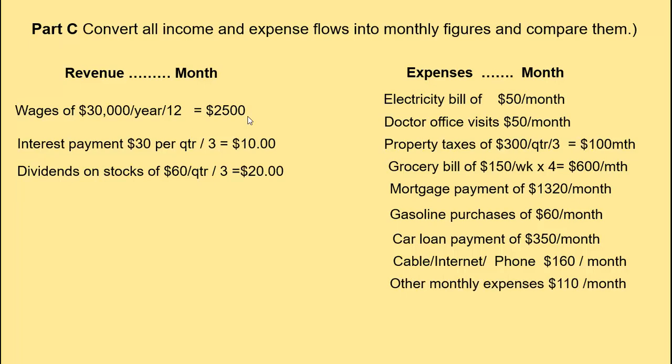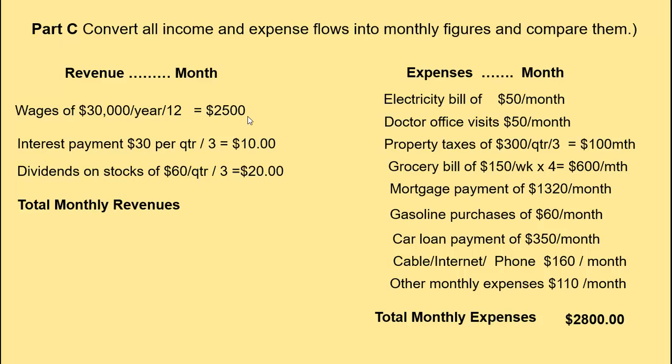So let's see what else we have. Other monthly expenses, $110 a month. Total monthly expenses will be $2,800. Total revenues on a monthly basis would be $2,530, and it looks like at this rate the revenues or the income is not going to be as high as the monthly expenses.